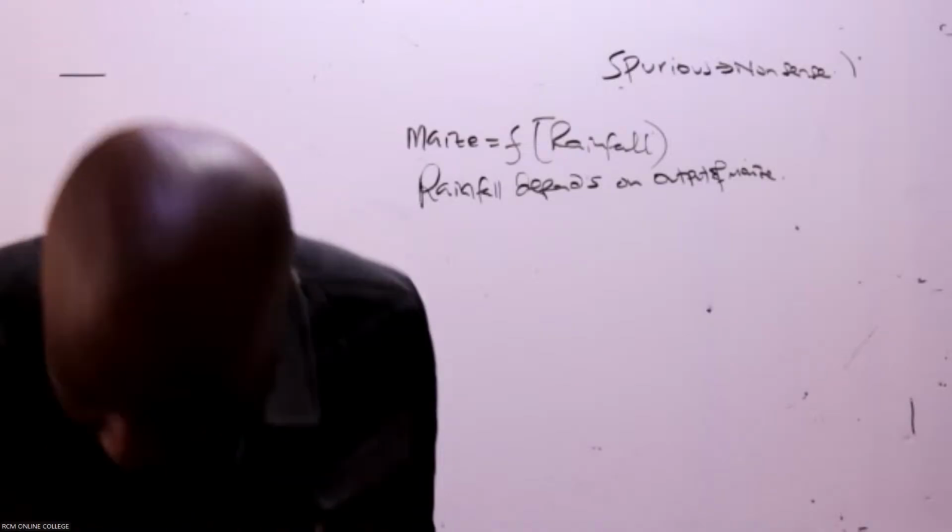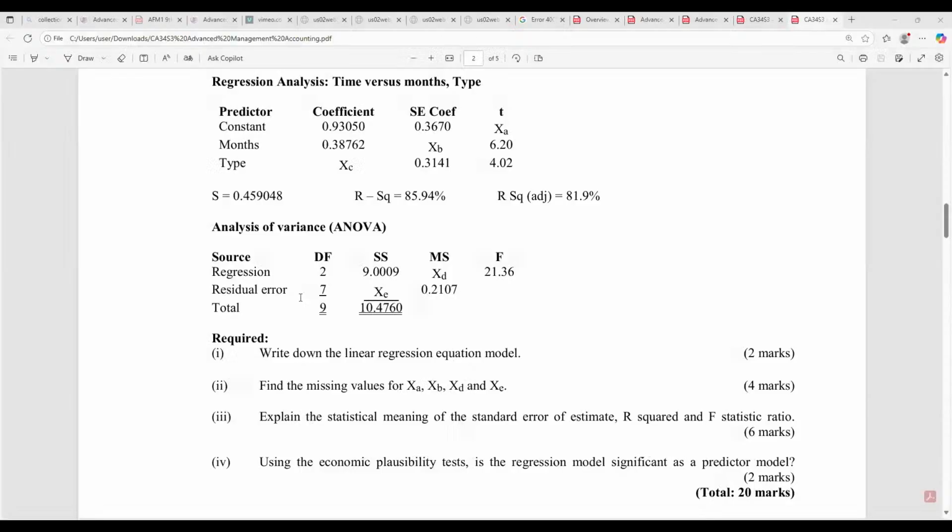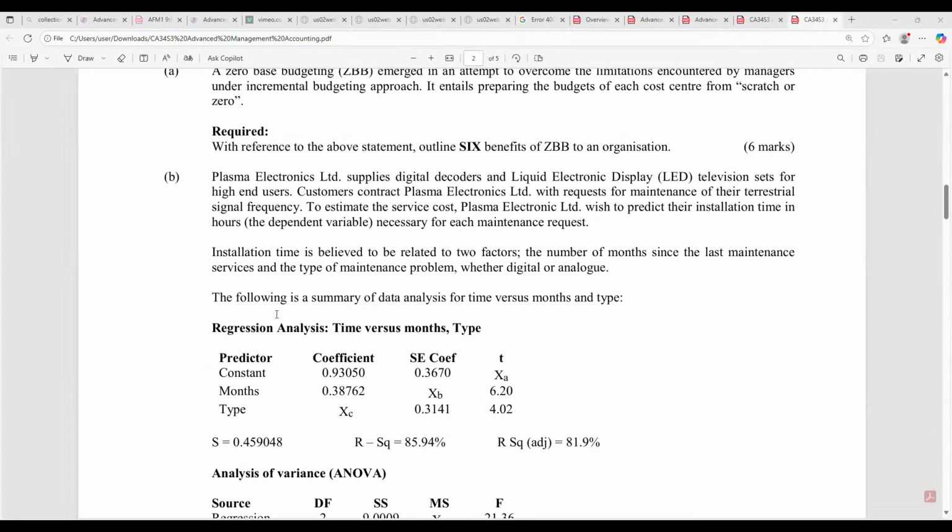Let's try to analyze our model. So when you look at our model, ladies and gentlemen, first of all, we must understand what these variables are. Our variables are months and type. I've seen both of them, and both of them are positive. We wrote it down.